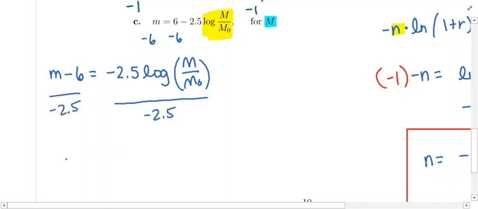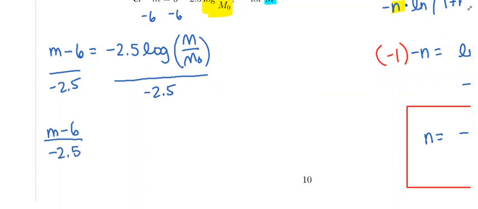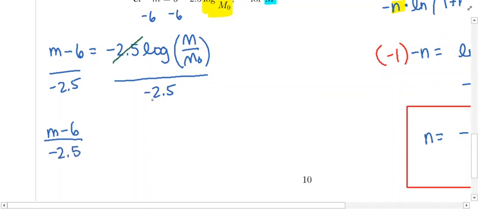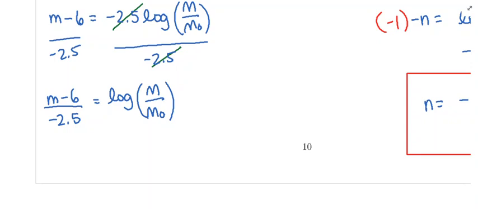So that is going to give me m minus 6 over negative 2.5. These guys will cancel, so we'll get the log of M over M0. So that brings us to that point, and the logarithm is now isolated.